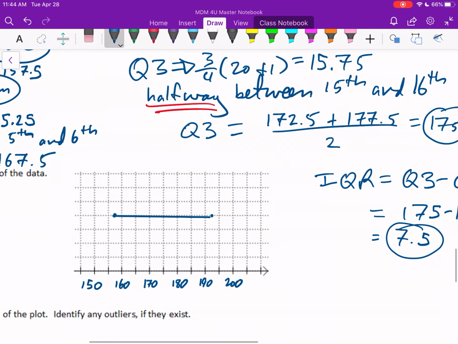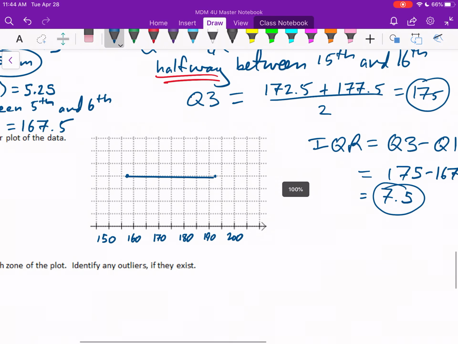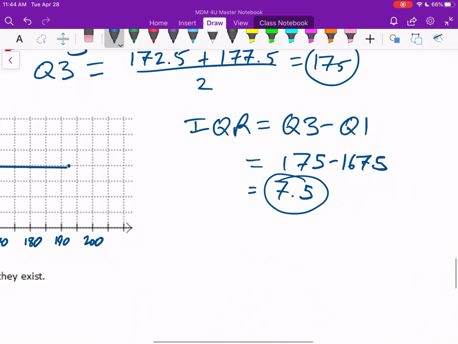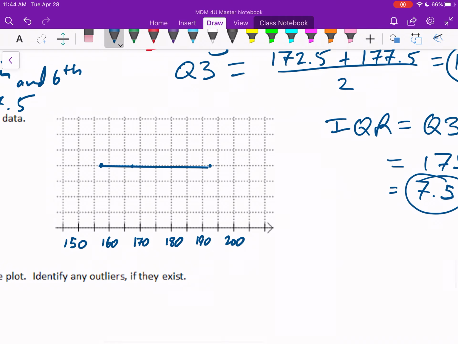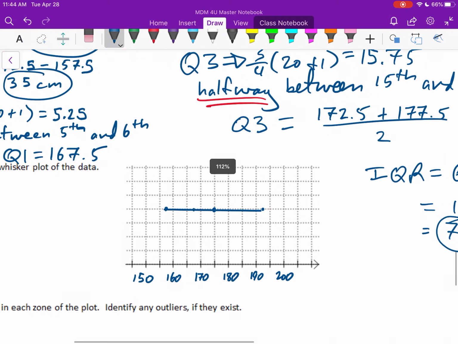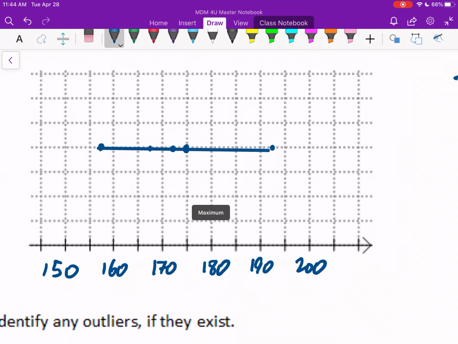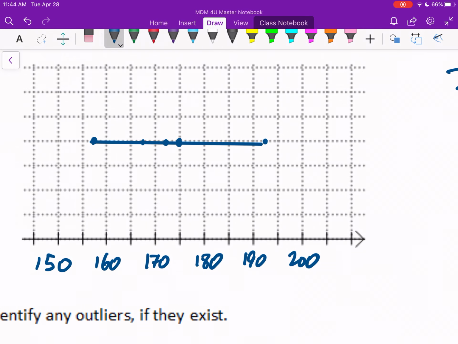As for the box, I need to know what Q1 was, 167.5, that would be here. Q3 was 175, that was here. And the median was 172.5. So these are all very close together, but that's just the way it works out.